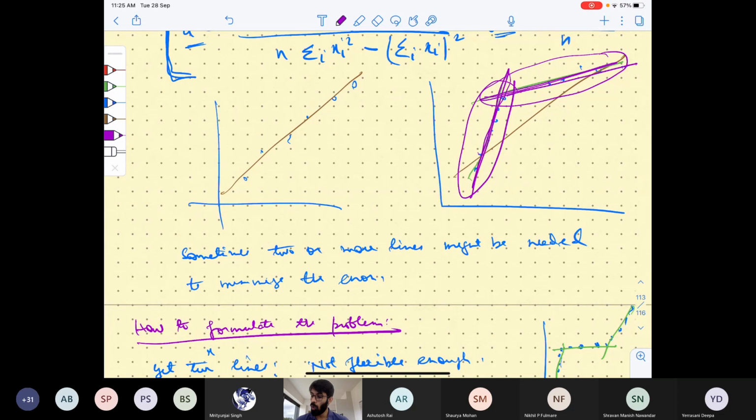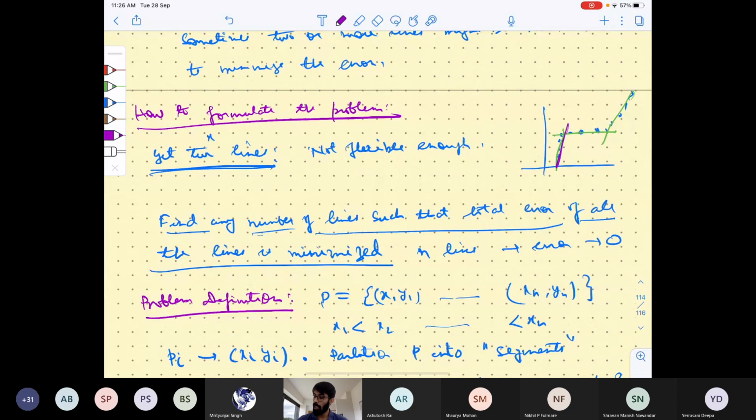Since we are now using two lines, we'll put some penalty 2 times C plus E1 plus E2, where E1 was the error of this and E2 the error of this. If we are partitioning into 3 parts, then we'll get 3C plus E1 plus E2 plus E3.